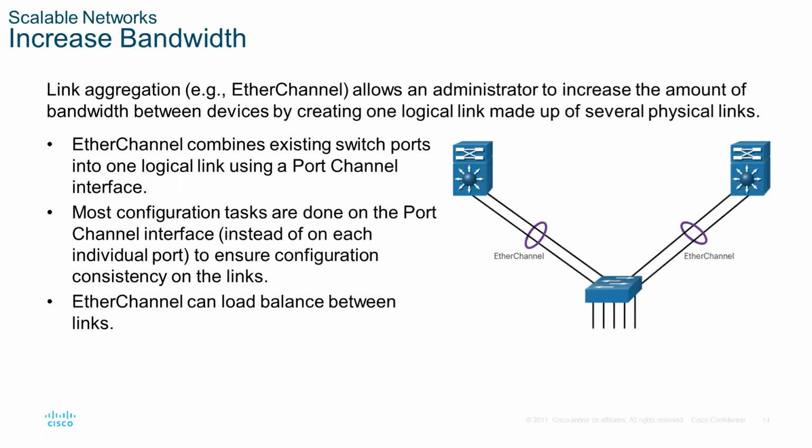So to increase our available bandwidth as our network expands, we start combining links together in EtherChannels. So this link aggregation allows us to increase the bandwidth between devices without creating loops, because EtherChannels combine and act as a single channel.